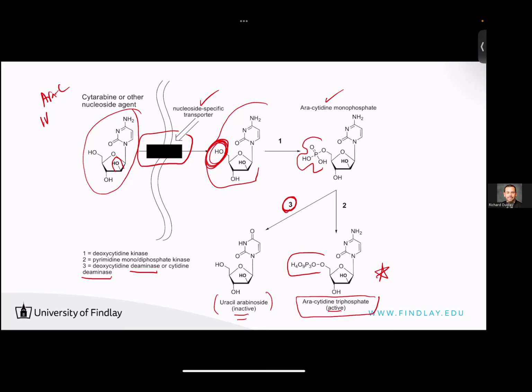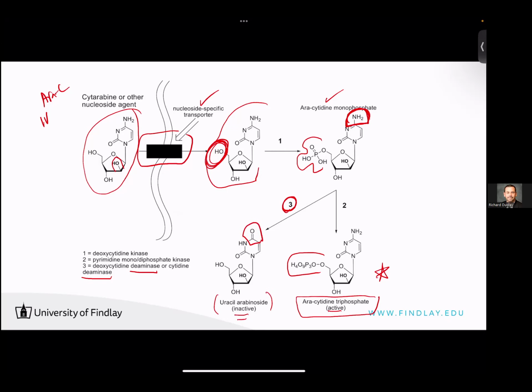Right? Do you see what's going on here? Up at the top, we have an amino group at the sixth position, and that's the difference between cytosine and then uridine, which has the carbonyl group up at the sixth position.